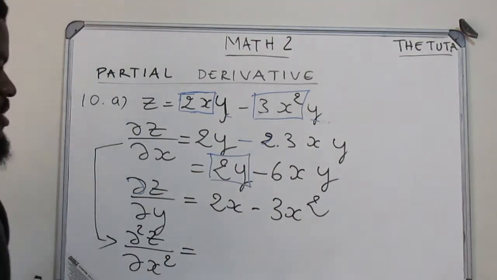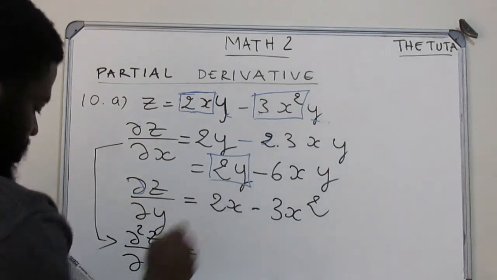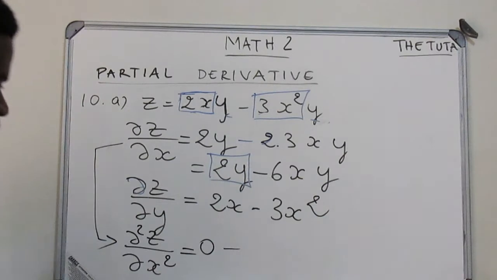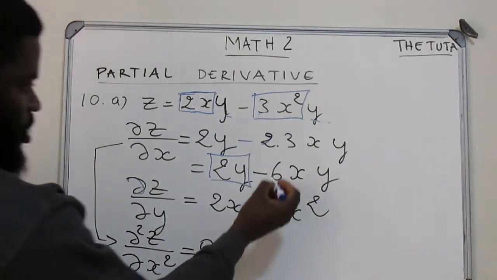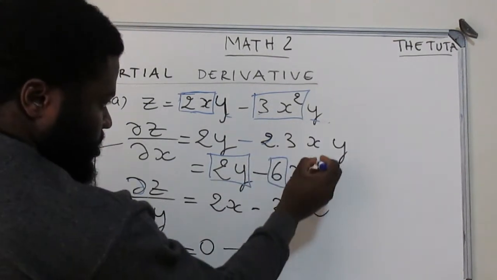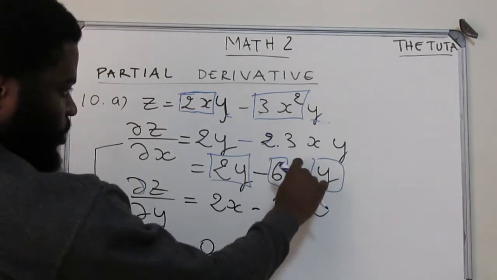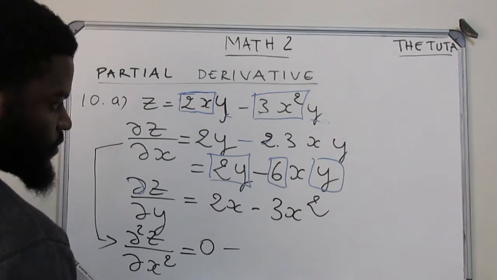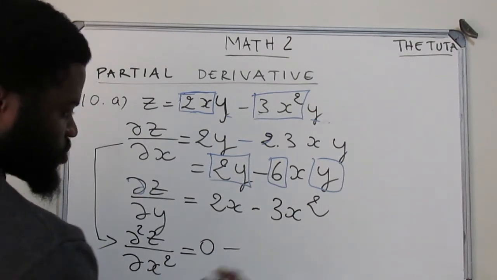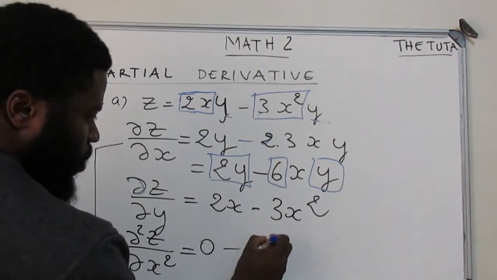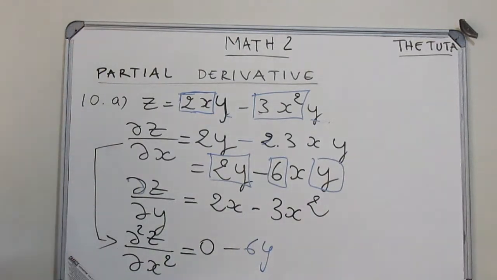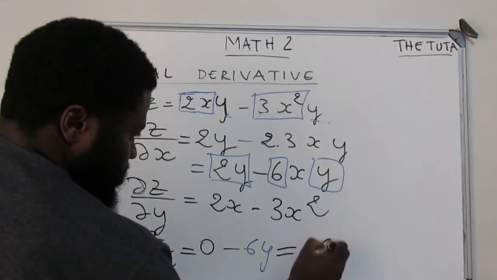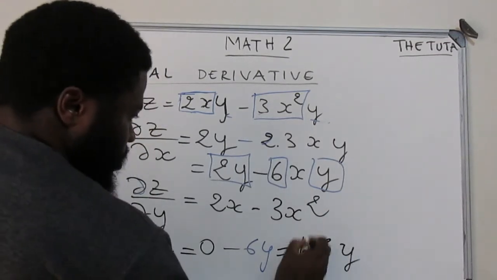Derivative of a constant is 0, so if you want, you can write there 0, minus. As well here, 6 is a constant and y is a constant, and we're going to derive x. Derivative of negative 6xy is going to be negative 6y. So this is the answer for the second partial derivative with respect to x: negative 6y.